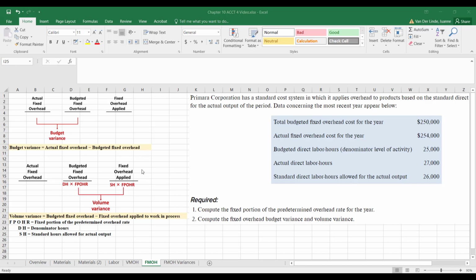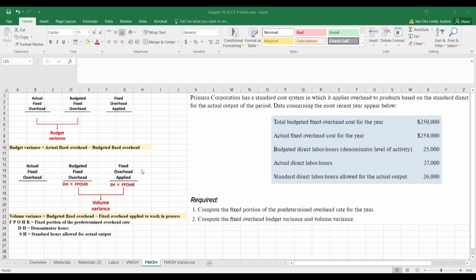Now there's one difference with the standard cost system when it comes to the application of overhead. If a company is employing a standard cost system, as they apply overhead to jobs or to products, instead of doing the POR times the actual level of activity, we expand on that and say when we apply overhead, we'll take the POR times the standard hours allowed for that actual level of activity or that actual output.